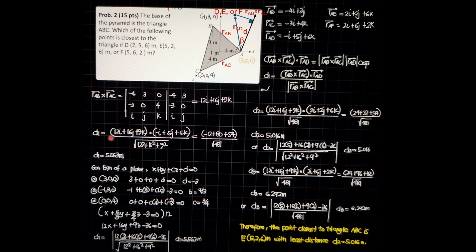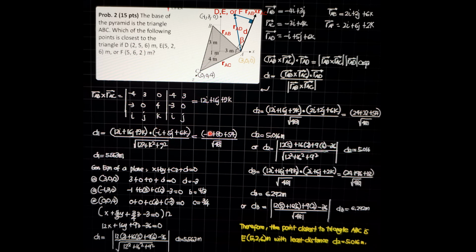So distance 1 therefore is 12I plus 16J plus 9K, RAB cross RAC, dot RAD, which is negative I plus 5J plus 6K, divided by the magnitude of RAB cross RAC, which is the square root of 12 squared plus 16 squared plus 9 squared.